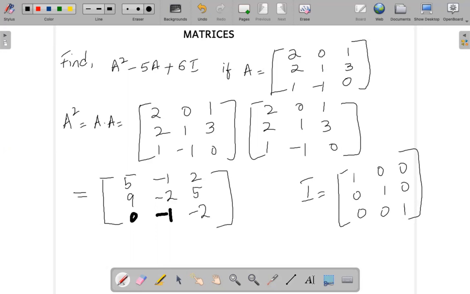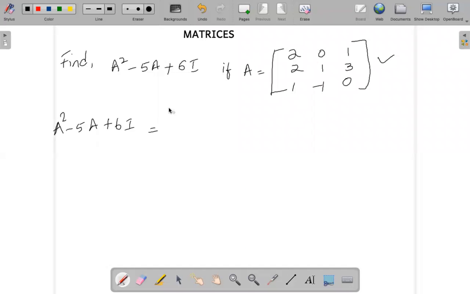We have what A squared is, and we have what A is. Then 6 multiplied with I, and minus 5 times A. We have to multiply that, so we'll put everything together now.